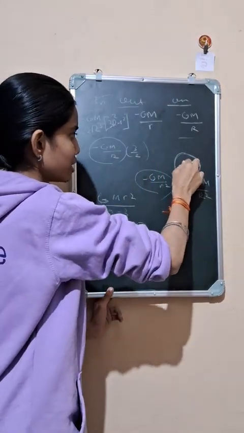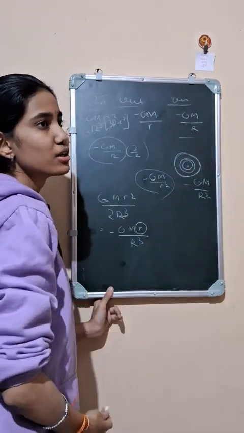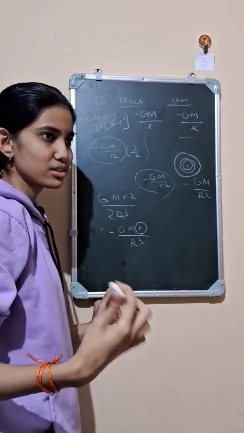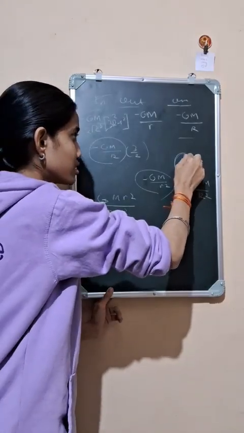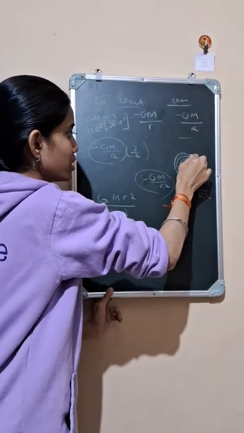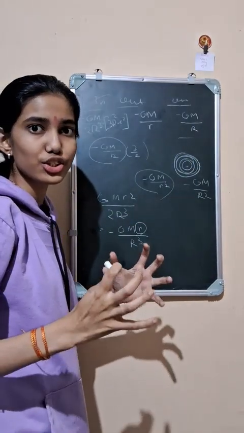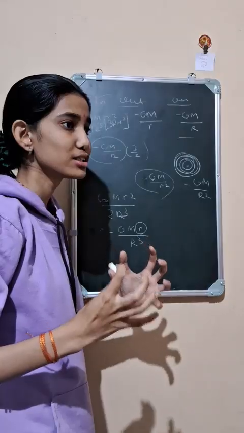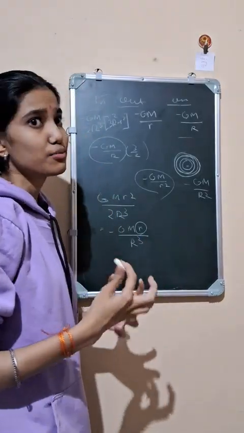You can also see that if I increase the distance of the point from the center, the Gaussian surface will be larger, and if this surface is larger, it will contain more mass, and if the mass is increasing, the field will increase and force will increase.